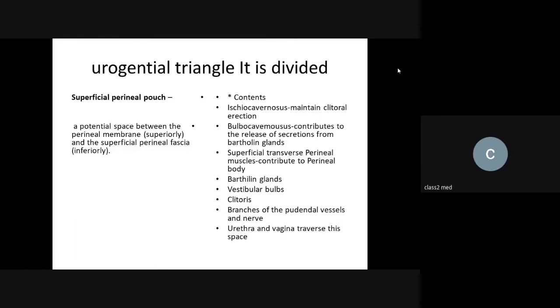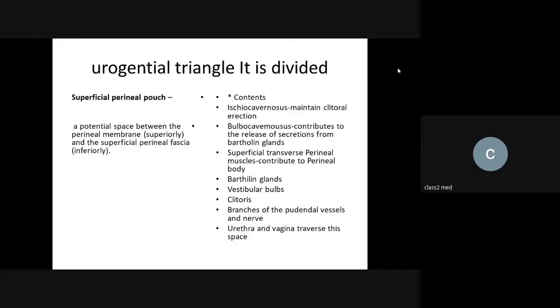First, the ischiocavernosus, which maintains clitoral erection. Second, the bulbospongiosus contributes to the release of the secretion from the Bartholin glands. The superficial transverse perineal muscle contributes to the perineal body.